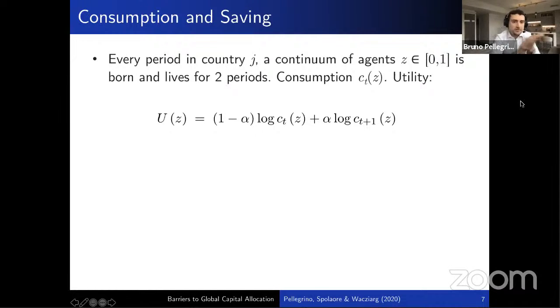Now, consumption and saving. So in each country, every period, a continuum of agents indexed by Z between 0 and 1 is born and lives for 2 periods. So this is an overlapping generation model. We denote the consumption of agent Z at time t as C_t of Z, and we assume that these agents hold intertemporal log utility.